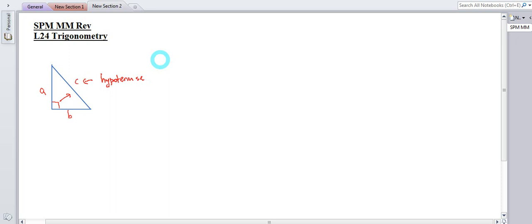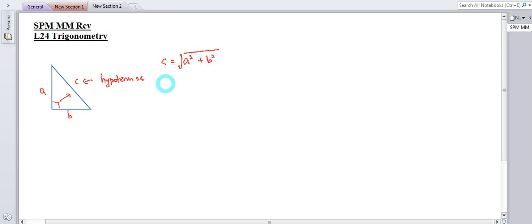If you want to find the length of the longer side, the hypotenuse, you just use the square root of a square plus b square. Take the two shorter sides, you square them, add them together, and square root it.